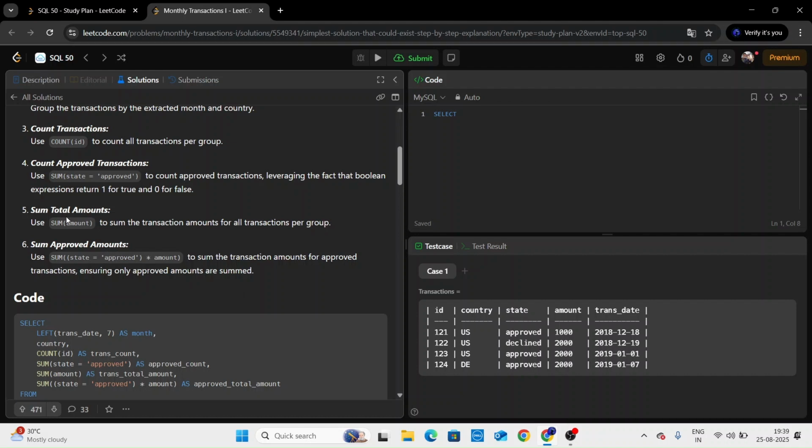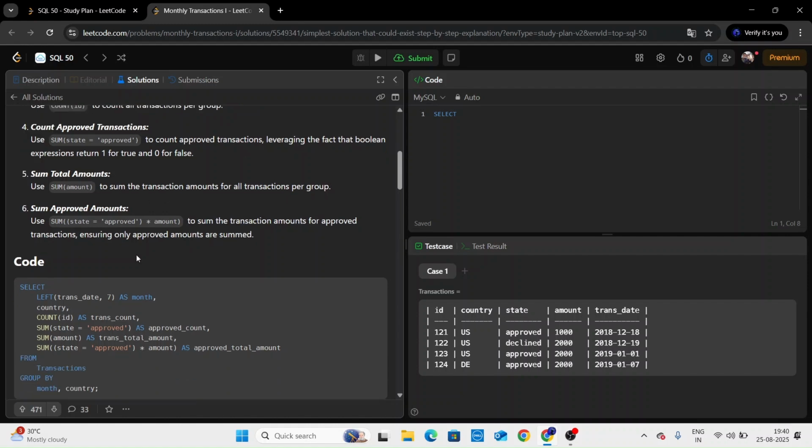Sum sums all the amounts, so for everything, even if it is declined or approved, it sums up. If it is approved, we will be able to count it. If it is declined, we will return 0. So 0 into amount will be 0. So we will only get the total sum of amount which is approved.